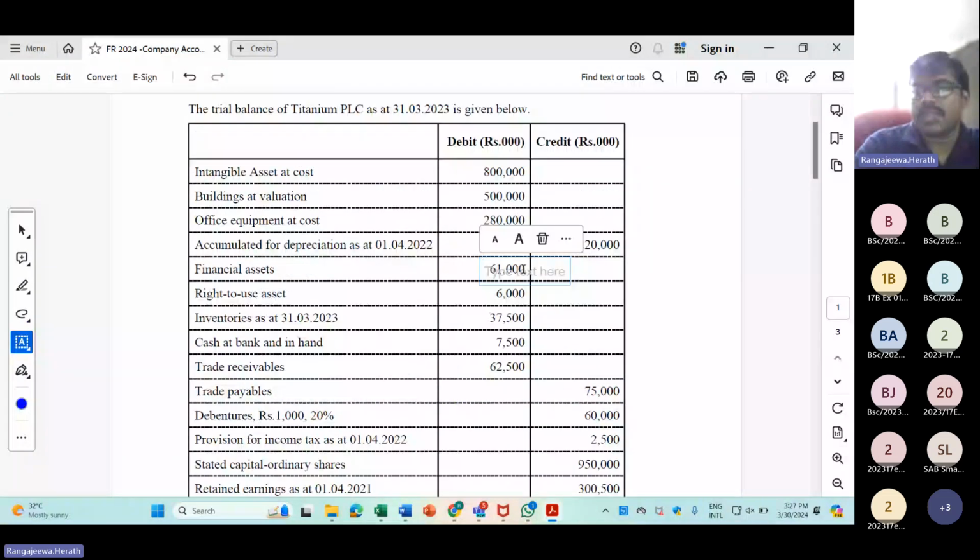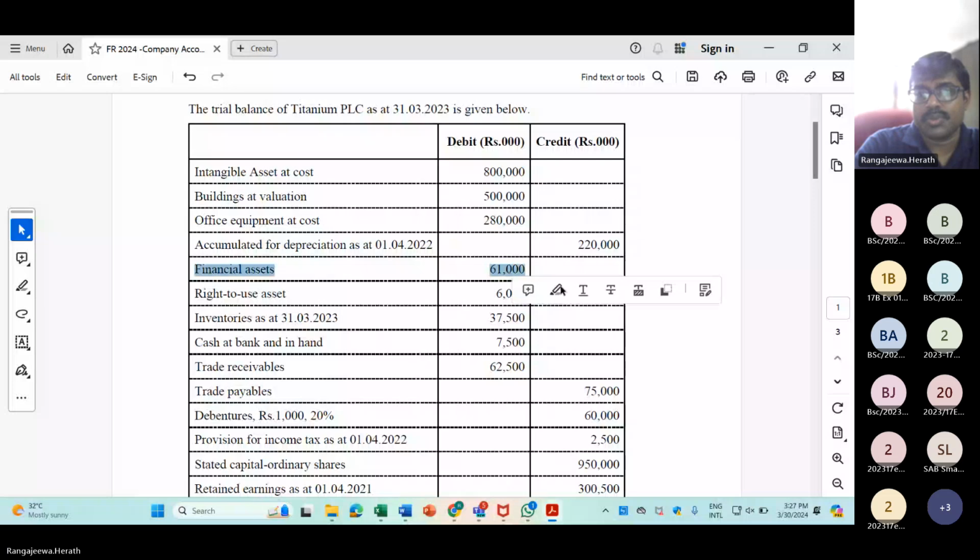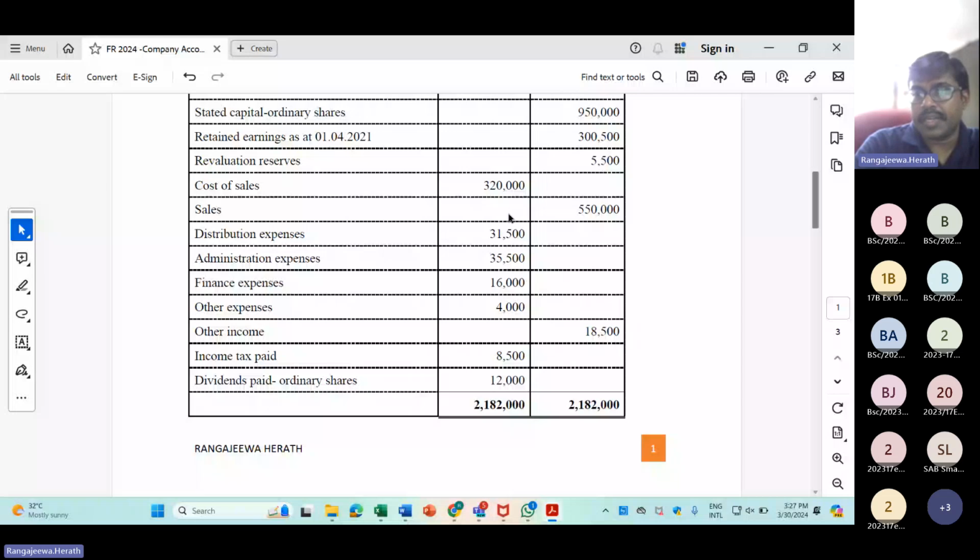Financial asset 61,000, right? I'll color the items that I have already identified. We got these 4 expenses and other income already taken to our workings. And now I am taking financial asset 61,000.